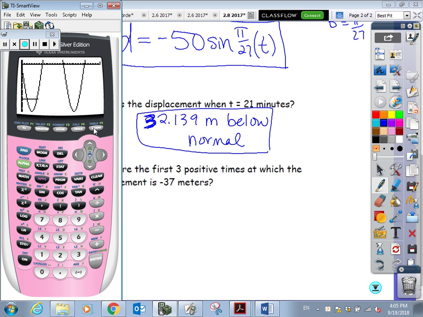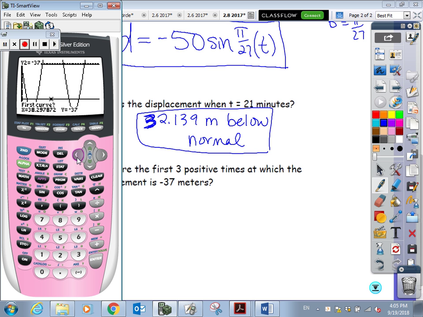Now we can see more than we need to. We need the first three positive times. So those first three positive times are the first, second, and third time it crosses that line y equals negative 37. So second trace, we want to find the intersect, so 5. Now, I like scrolling. The up and the down will scroll from first to second curve.